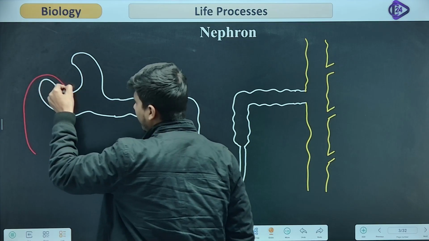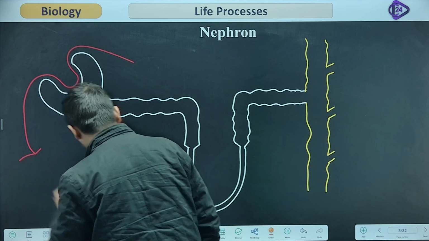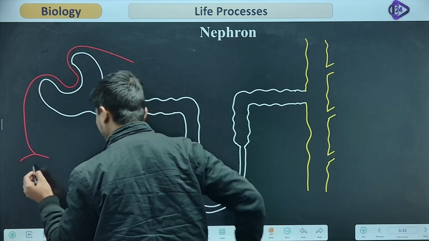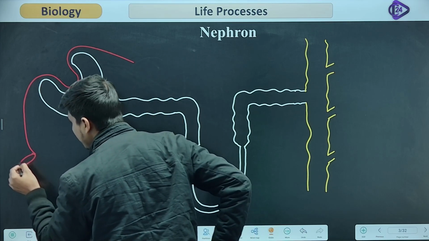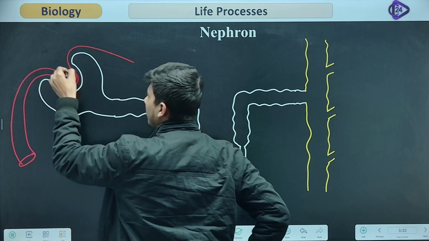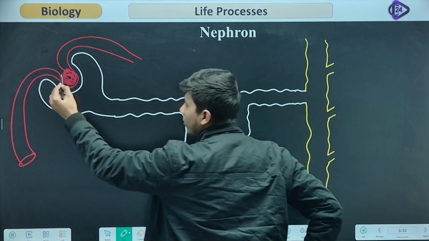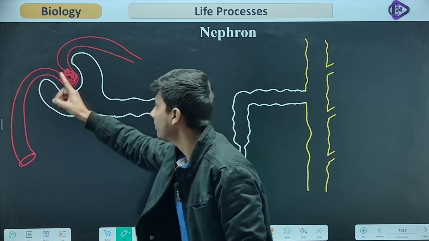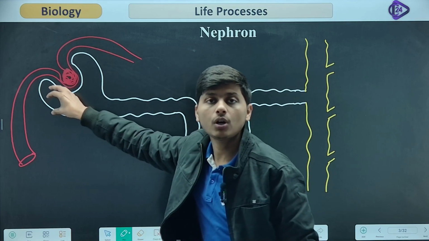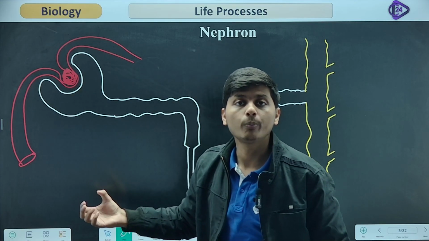This artery carries the impure blood into the nephrons, and here it becomes divided into capillaries. This structure is a tuft of capillaries. The tuft of capillaries is called the glomerulus.